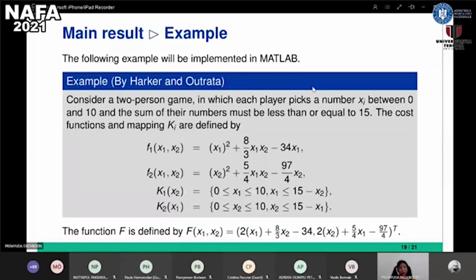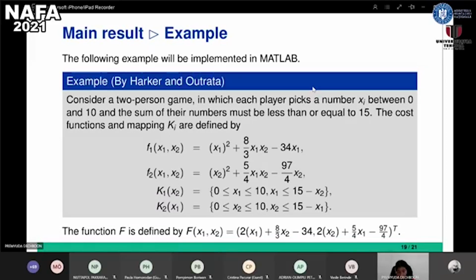When the first player picks, the other one needs to pick, but the sum of the 2 numbers must be less than or equal to 15. So we are given the cost function like this, and then we can write the set-valued mapping of that strategy set like this.